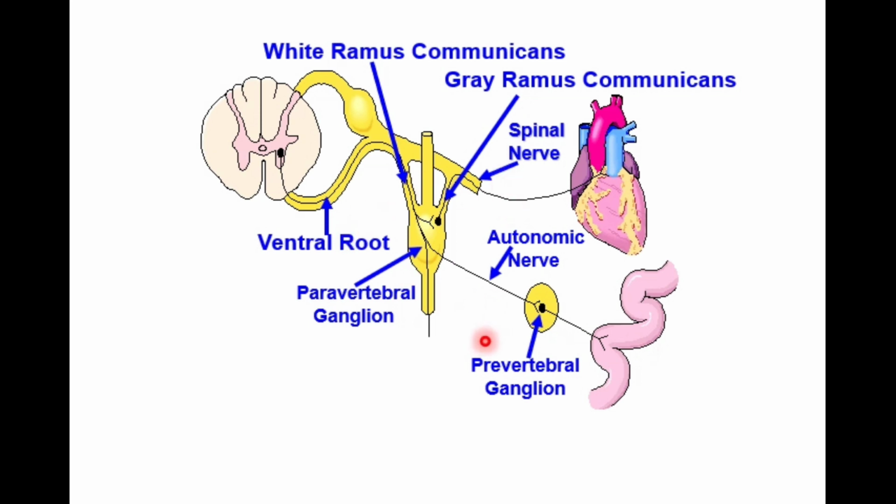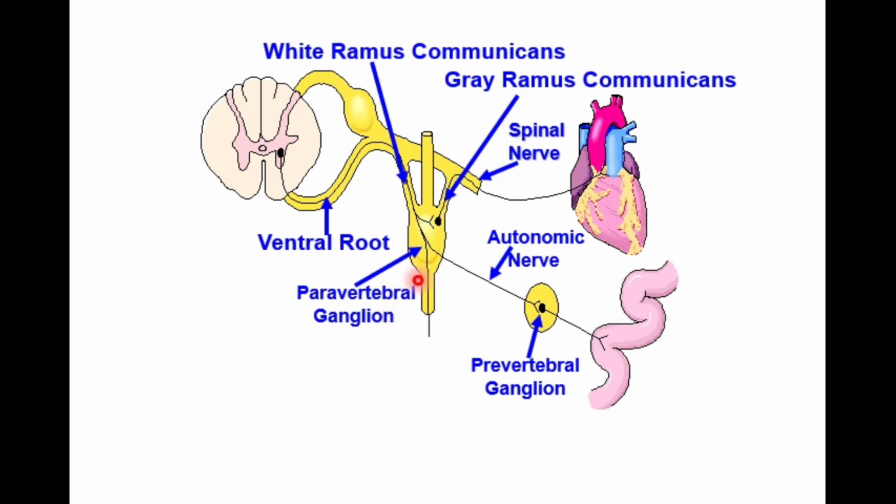Sympathetic ganglia lie on either side of the vertebra. Sympathetic preganglionic fibers join the course of the mixed spinal nerve, but then branch away to form the white communicating ramus, which enters the chain of paravertebral ganglia.